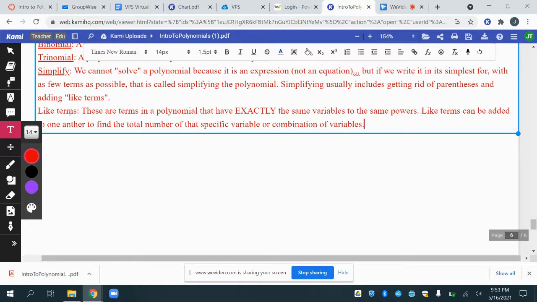We'll talk about that a little bit more. I'll give you an example, but I think we should get to the actual assignment.